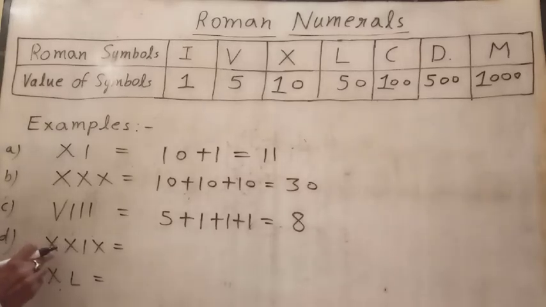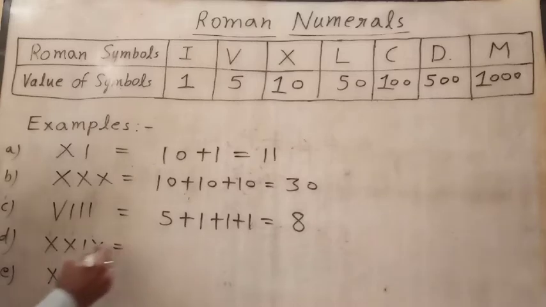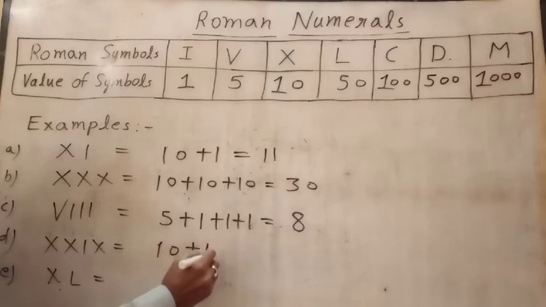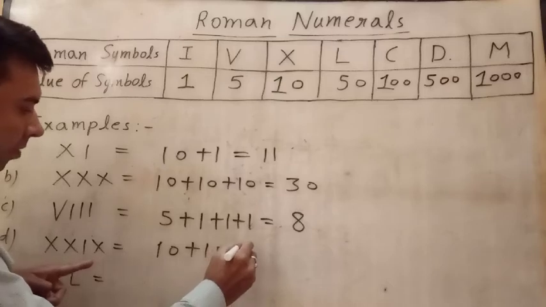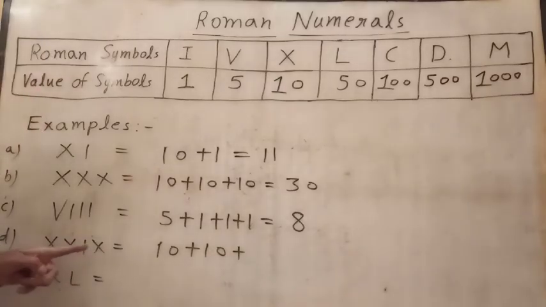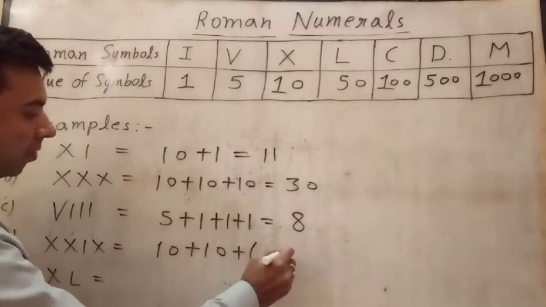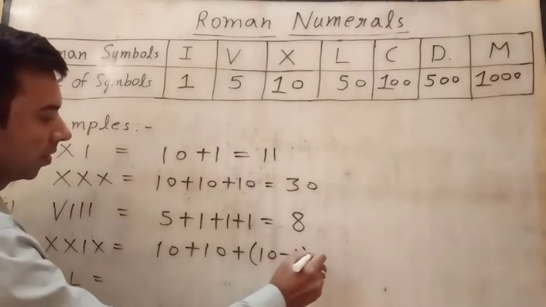Next, XIX. Clear? So the value of X is what? 10. Plus 10. Next, see here, I is written to the left side of the X. So what we do? We subtract 10 minus 1.